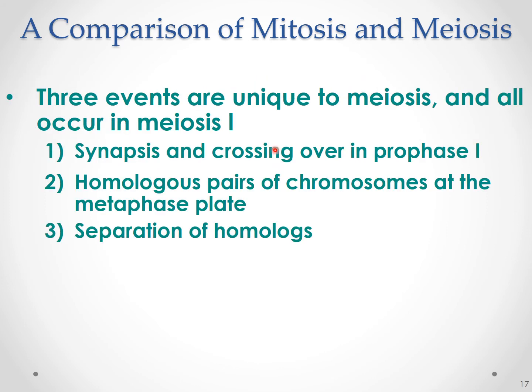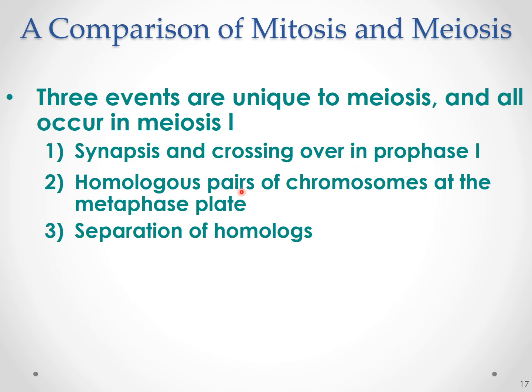Now, there are three events that are unique to meiosis, and all of them occur in meiosis 1. So remember synapsis, when the homologous chromosomes line up and match up, and then crossing over between the non-sister chromatids within the homologous chromosomes. This occurs in prophase 1.